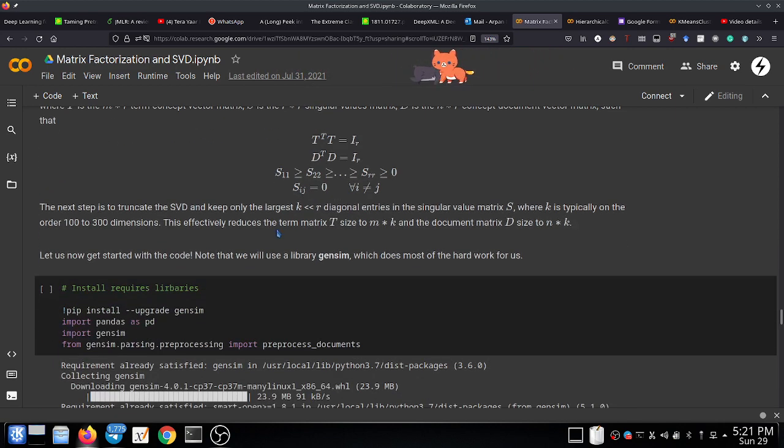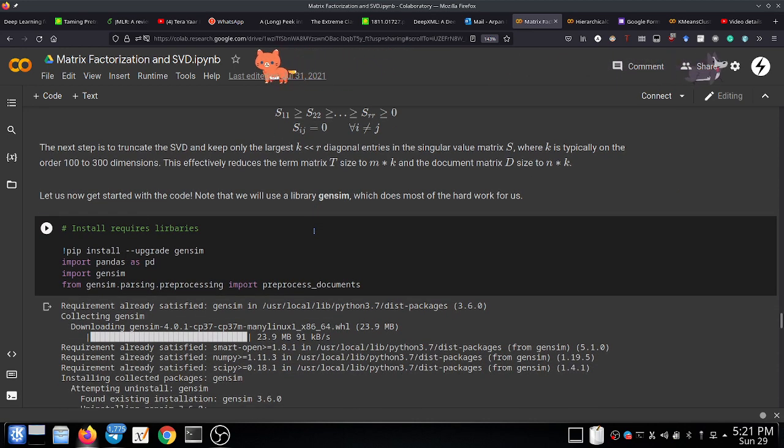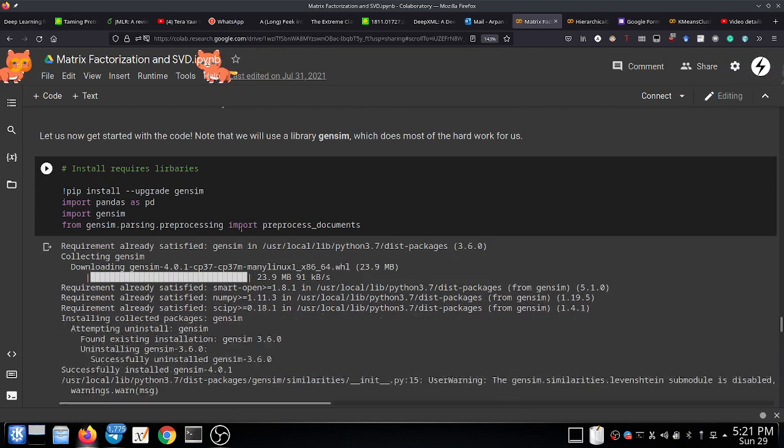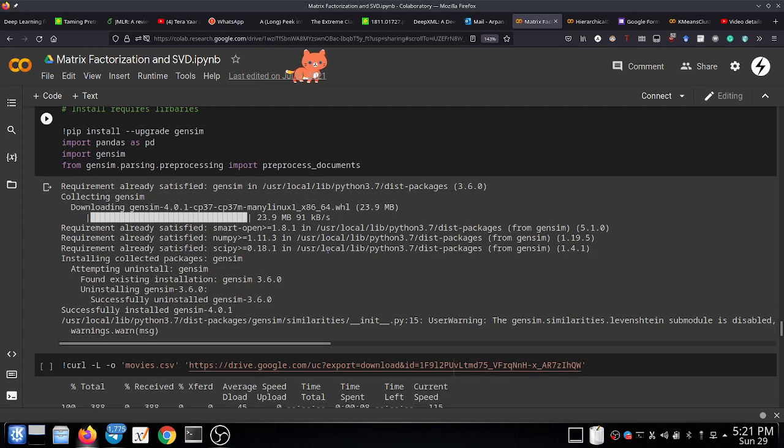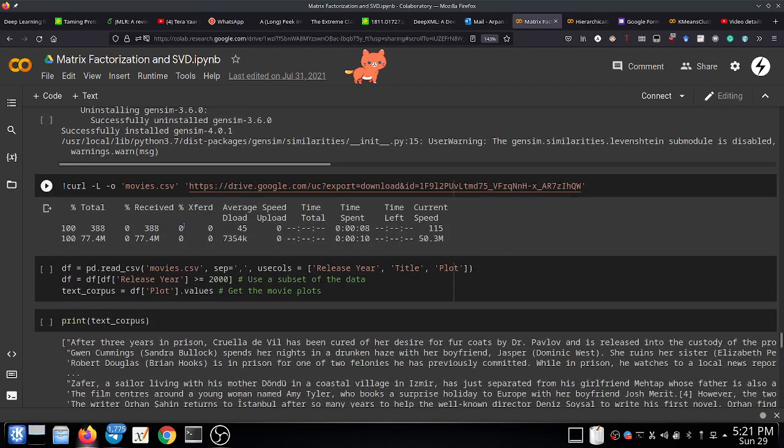We will try to estimate the original matrix, and we will obtain useful features. For this we will use Gensim, which is a useful library, and we will use this movies data set.